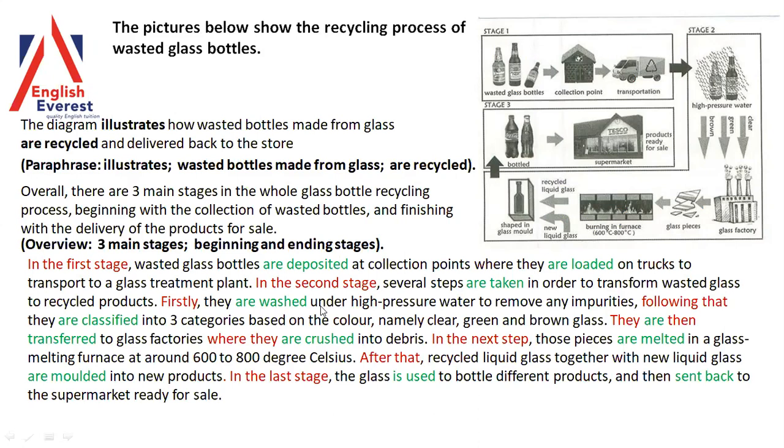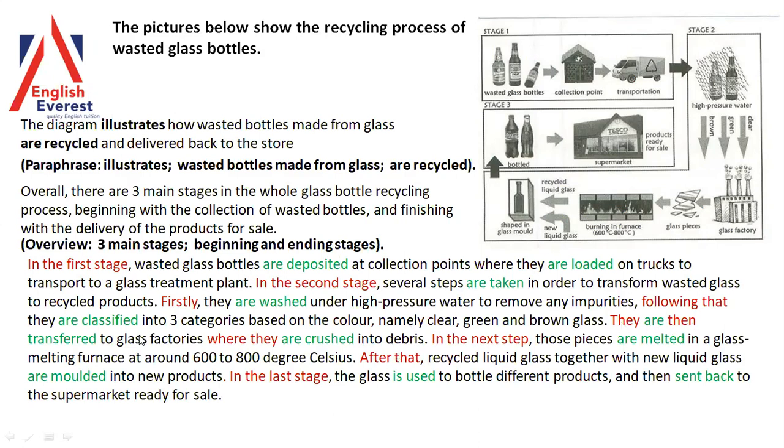Firstly, they are washed under high pressure water to remove any impurities. Following that, which is our linker for the next stage, they are classified into 3 categories based on the color, namely clear, green and brown glass.